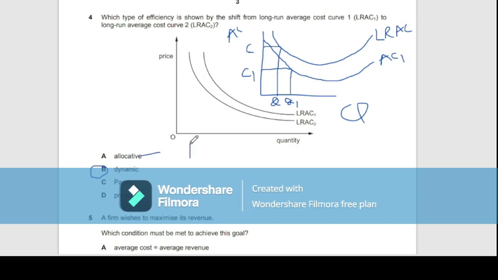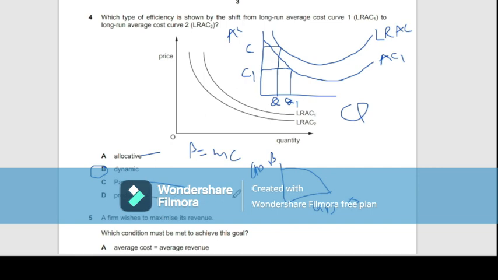Allocative efficiency occurs where price is equal to marginal cost. This is not the scenario in the graph. Pareto efficiency occurs along a PPC this way. So if this is, let's say, good A and this is good B, then if you're operating anywhere along the PPC, we operate efficiently.